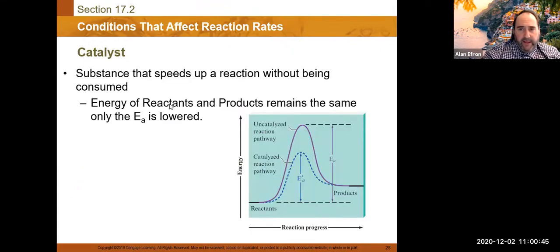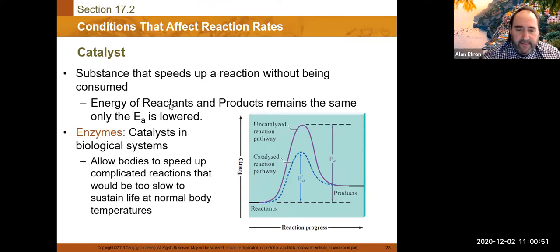Another way that we can sort of speed up a reaction is to add a catalyst. And a catalyst is a substance that will speed up a chemical reaction. It actually can slow down a chemical reaction, but most people, when they talk about a catalyst, talk about it in the sense of it actually speeding up a chemical reaction.